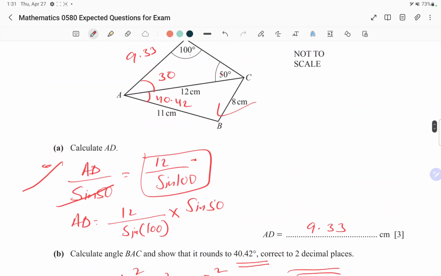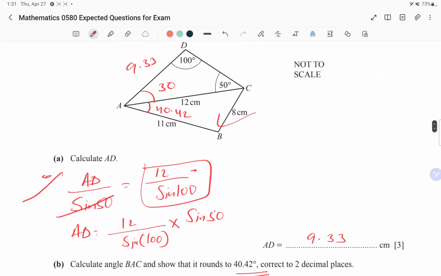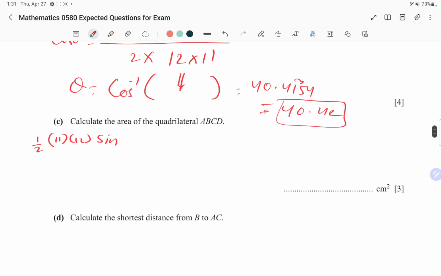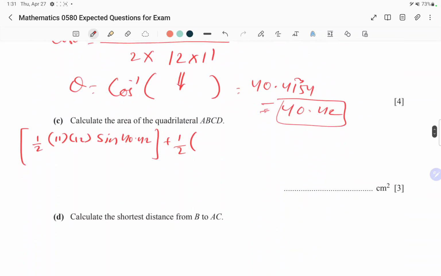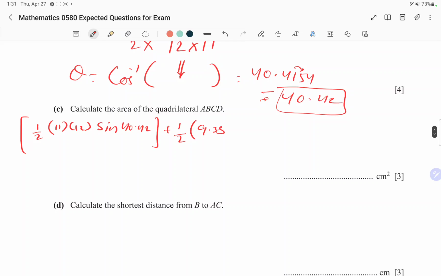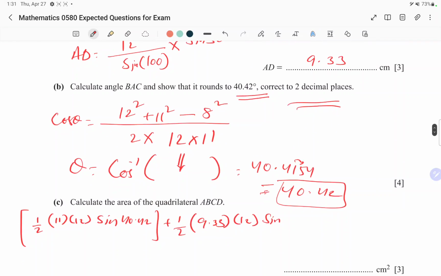So half times 11 times 12 times sine of 40.42, plus half of the area of triangle ADC, half of 9.33 and 12 times sine of the angle between them, which is 30.